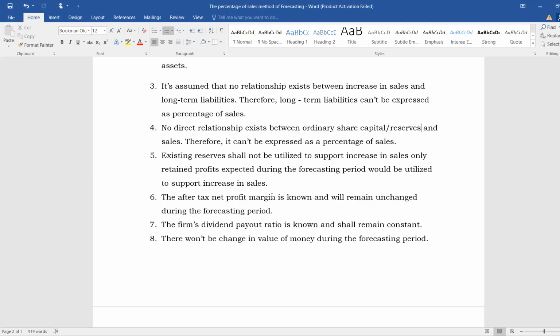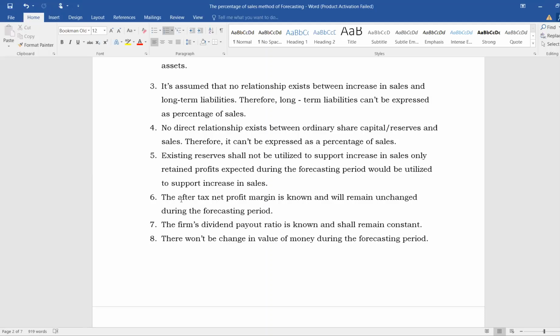If we are forecasting financial requirements for the next 1 year, then capture retained earnings as at the end of that forecasting period. If you are forecasting for a period of more than 1 year, then capture the forecasted retained earnings as at the end of each period. So we are assuming that what the firm forecasts to retain is what shall be utilized to finance the increase in sales, which of course will cause an increase in assets.